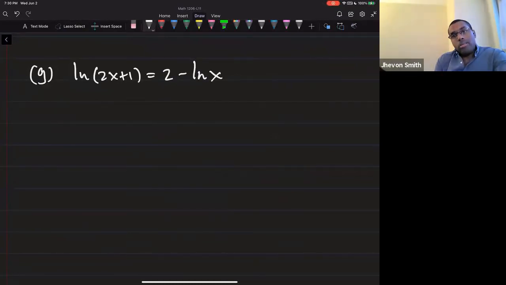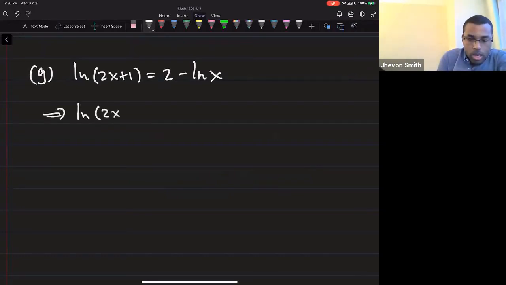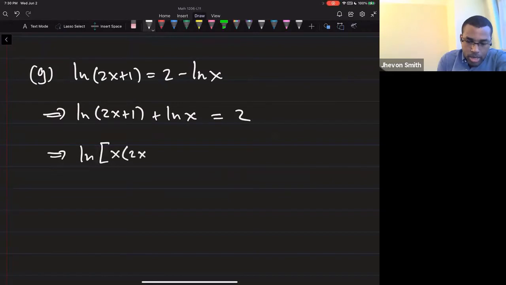Getting through these, as I mentioned, you want to solve an equation or do something algebra related. You see a bunch of logs spread out. Combining the logs is going to be what you want to do. So I would get the logs on the same side. There's a log rule that says I can multiply that.